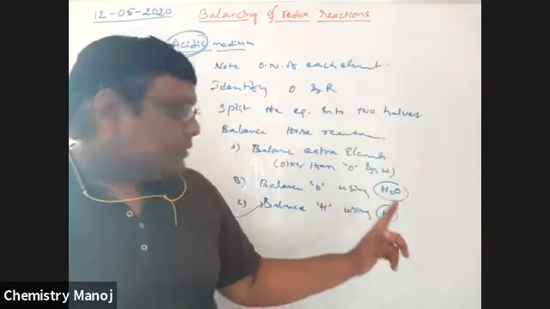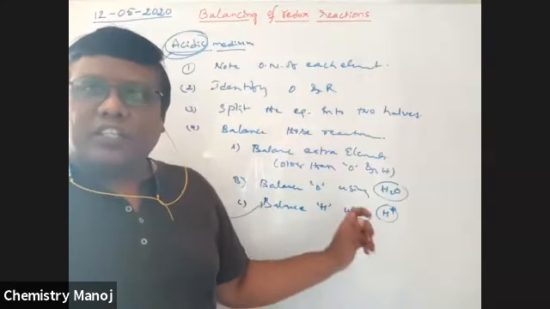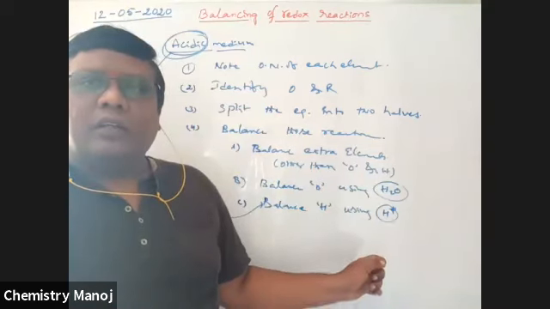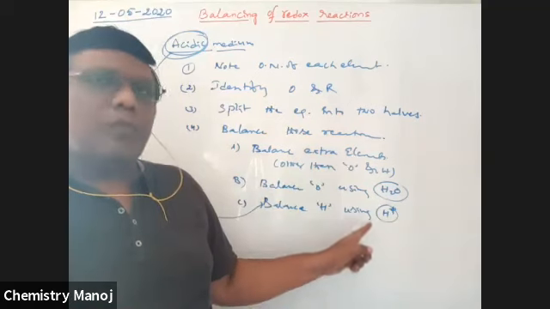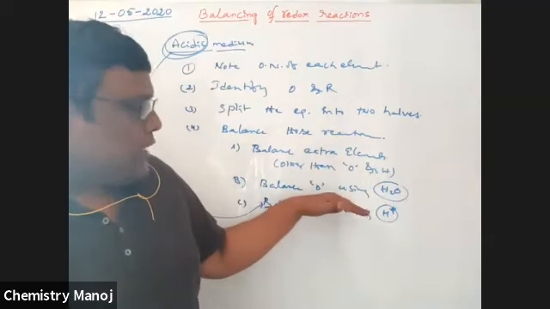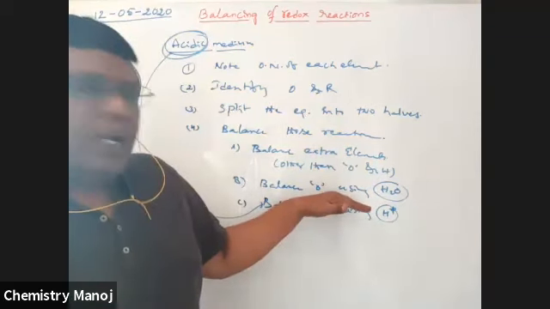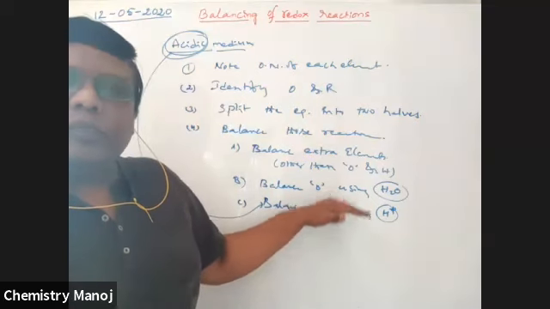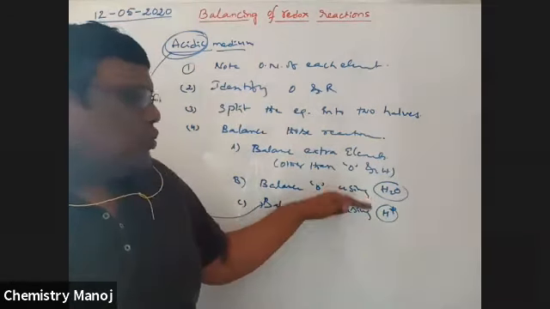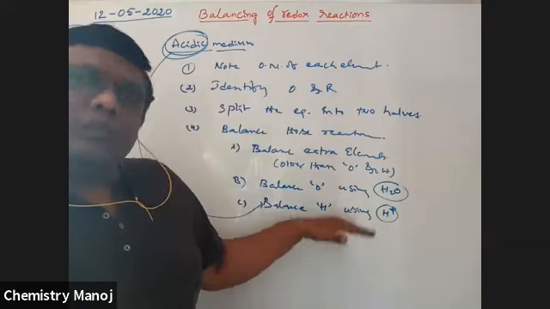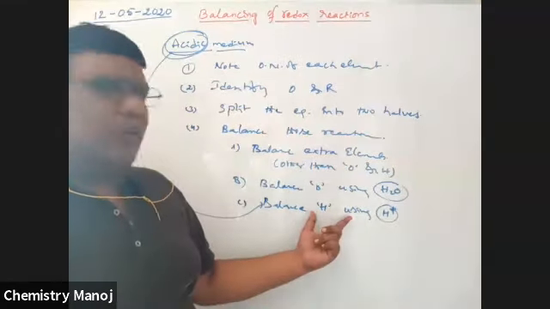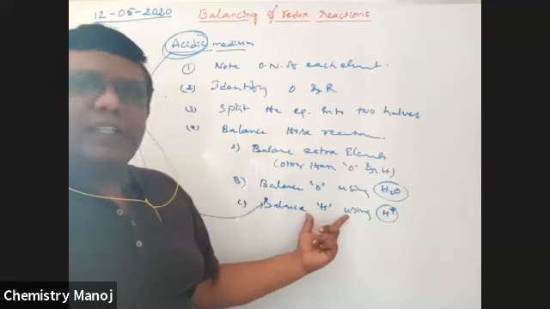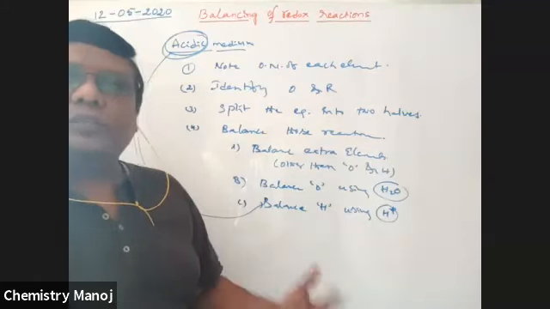This is the distinguishing point between acidic medium and basic medium. Up to this and after this, both acidic and basic medium are the same idea. The only separating point is hydrogen.